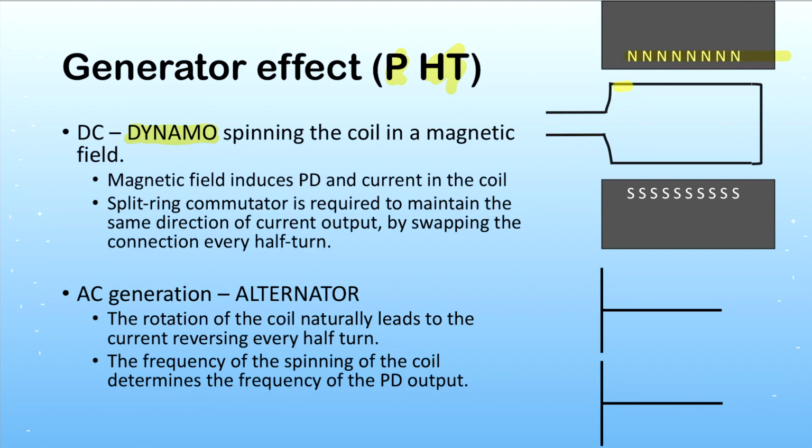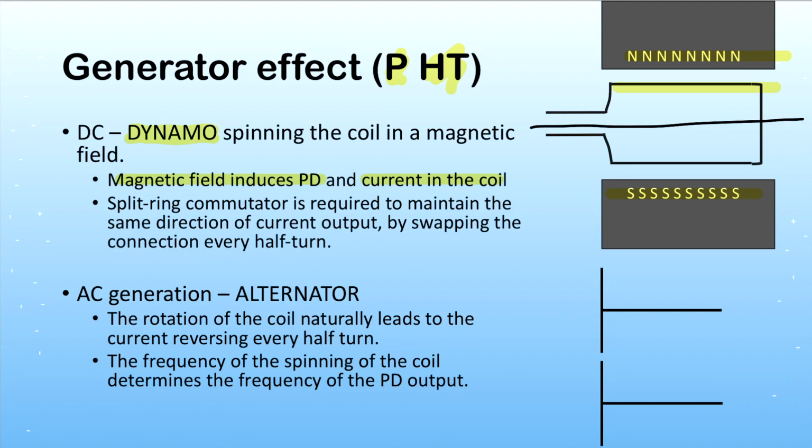We've got a coil, and a magnet providing a magnetic field. But rather than providing current, we're instead providing force. So we're going to spin this coil in the magnetic field, or we're going to spin the magnets around the coil. And what we end up having is, again, the magnetic field inducing a potential difference and a current in that coil.